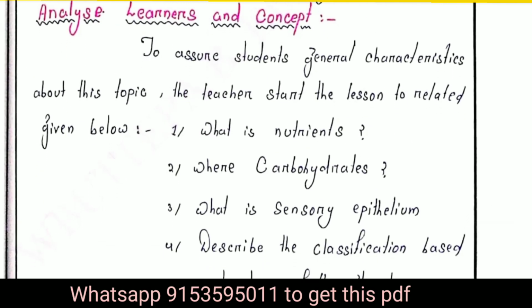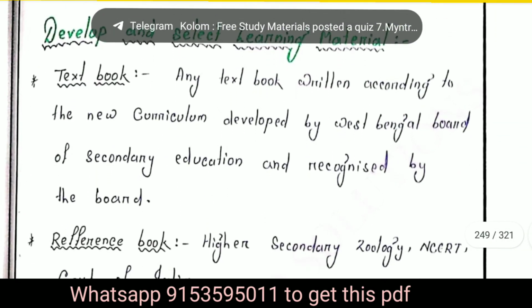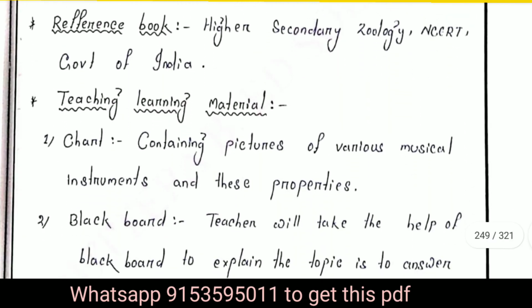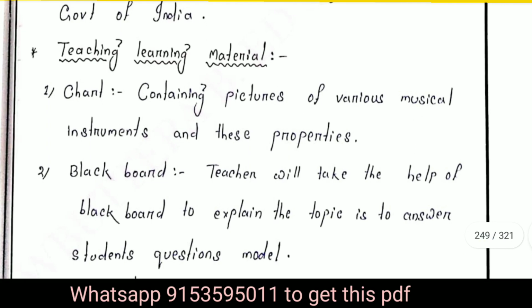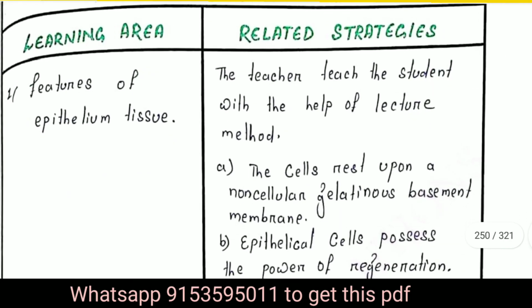To assure student general characteristics about these topics. Develop and select learning material: textbooks, reference book, higher secondary zoology, NCERT, Government of India. Teaching learning material: chart, blackboard, model, audiovisual teaching aids. Learning area and related strategies.